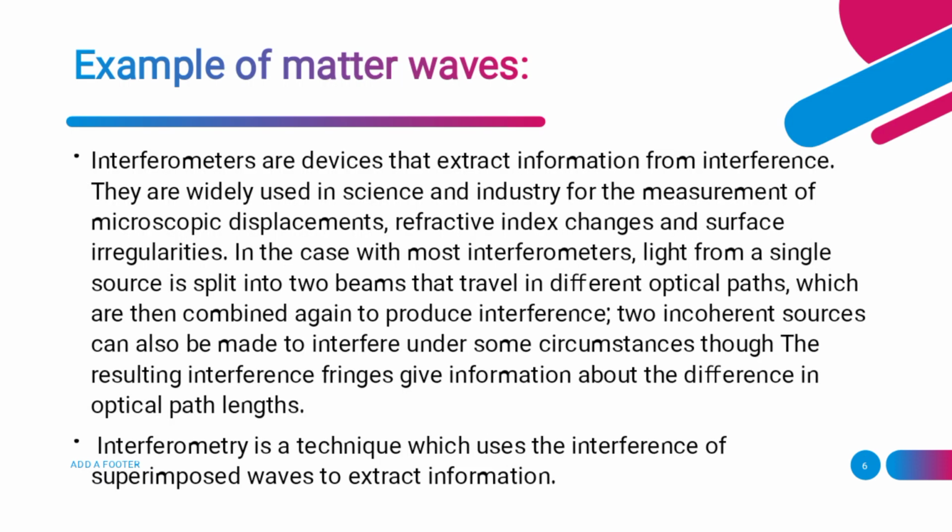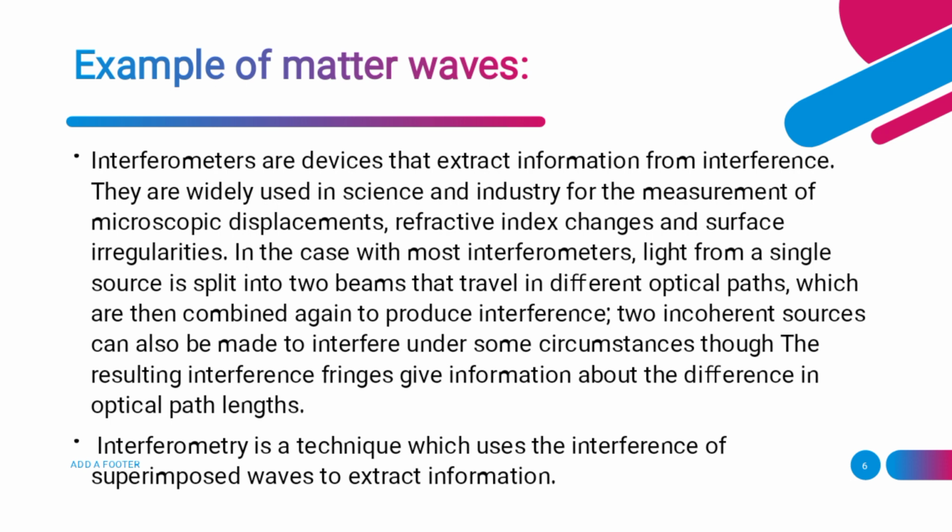Next, example of matter waves, interferometer. An interferometer is a device that extracts information from interference. What is meant by interference? Interference is a phenomenon of superposition of two waves to form a resultant wave of greater, lower or the same amplitude.